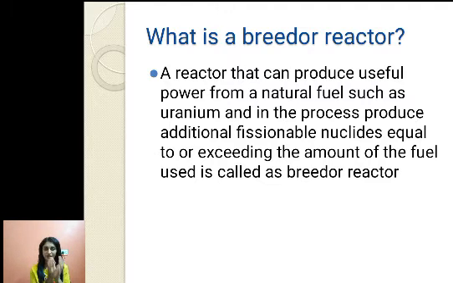Whenever we have a nuclear reactor, we use some fuel. That fuel produces power, but what if that fuel is capable of producing another fissionable material equal to or more than the material we are using? That kind of reactor is called a breeder reactor.